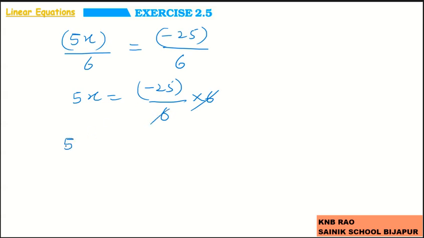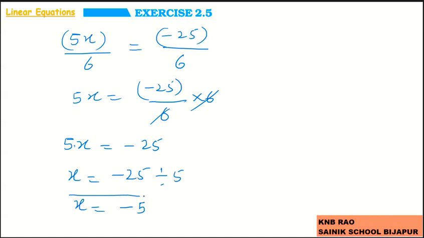It gives us 5x equals minus 25, and 5 is multiplying here, and transposing it to the right hand side it does division. So it gives me minus 25 by 5, which is minus 5. So we have x equals minus 5 as the solution. So that's how this question will be solved.